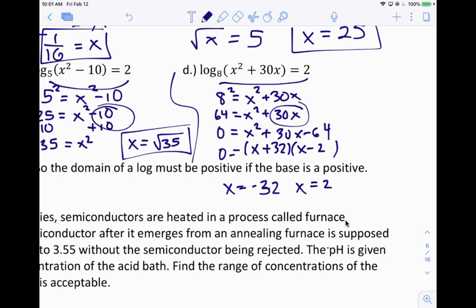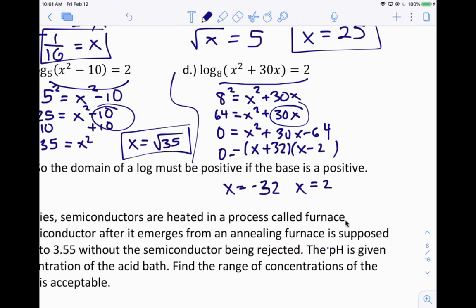Quick double check on this though. Remember that exponents have a domain thing to them. Exponents cannot be negative, right? Well, the exponent itself can be negative, but it can't spit out a negative. There's no exponent that's going to take a positive number and give you a negative number. So since our base here is 8, let's just double check these really fast.